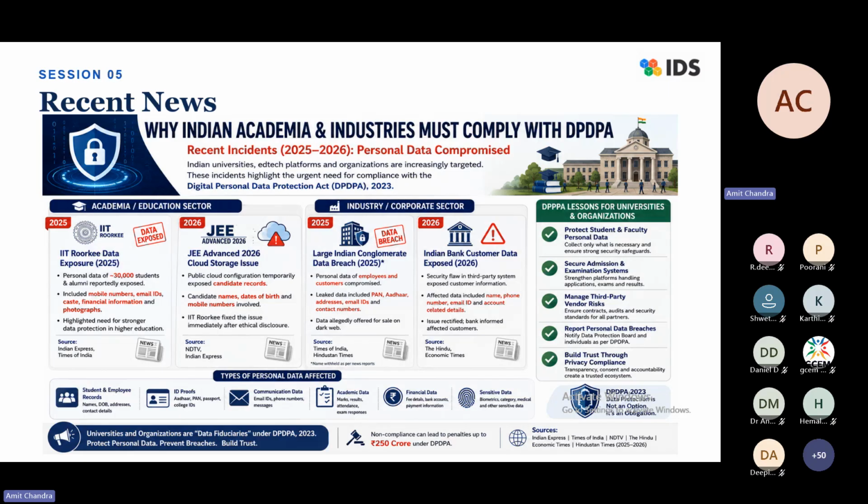You have to make sure that the data of students related to the admission and examination system is also secured, so that it cannot be linked from anywhere to a particular student or faculty member. Whenever you deal with a third party, you have to make sure they follow the university's non-disclosure agreement, and they should not pass your personal data to any other entity.